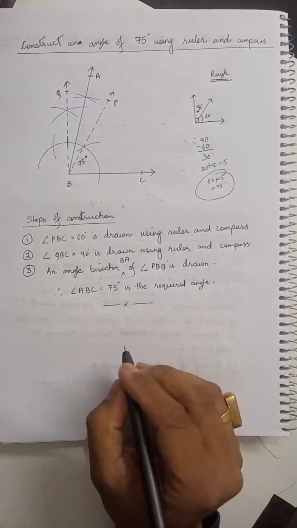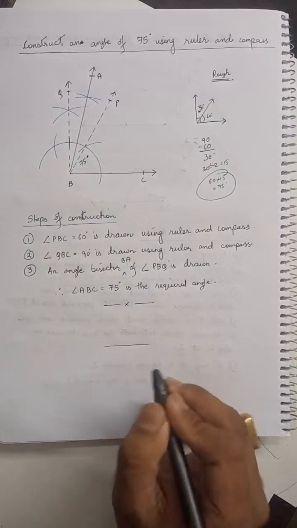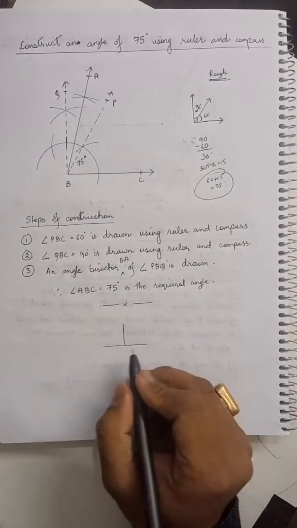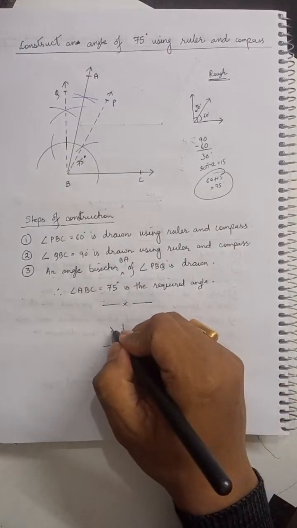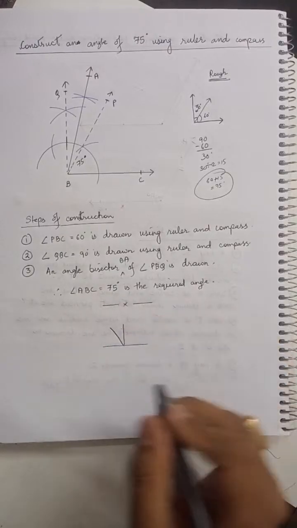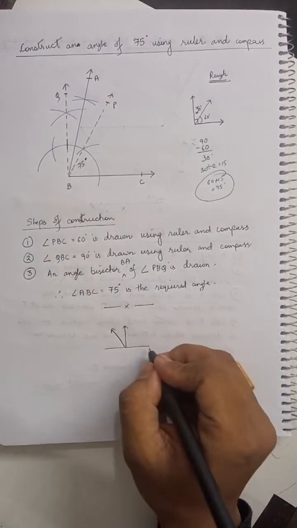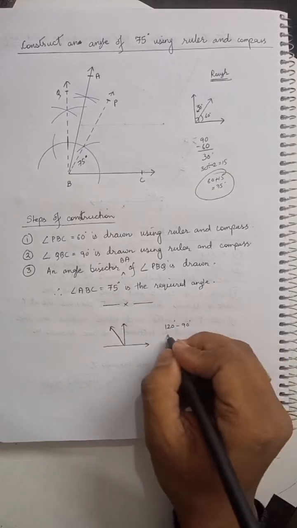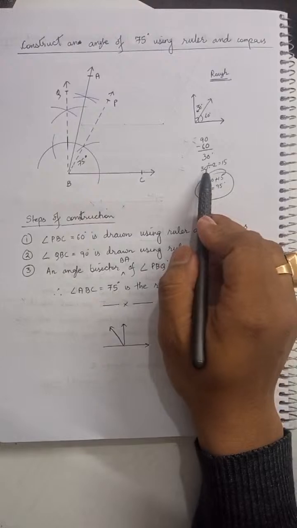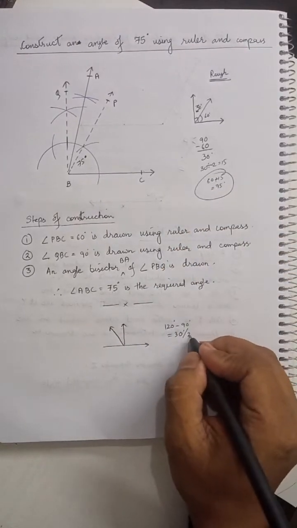Now when we draw a diagram, just like in this case, if this is the straight line and this is 90 degree, and this is an obtuse angle, 120 degree. So 120 degree minus 90 degree is what? It is 30 degree, just like the 30 degree we got in the previous calculation. What is 30 degree divided by 2?